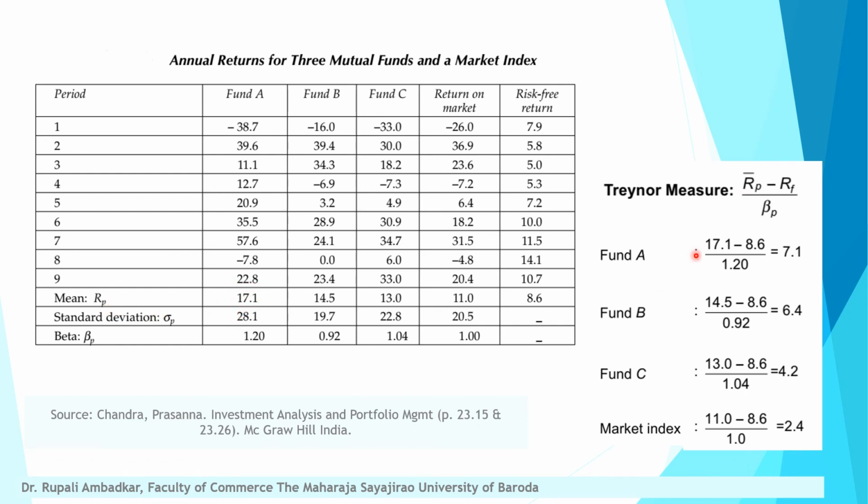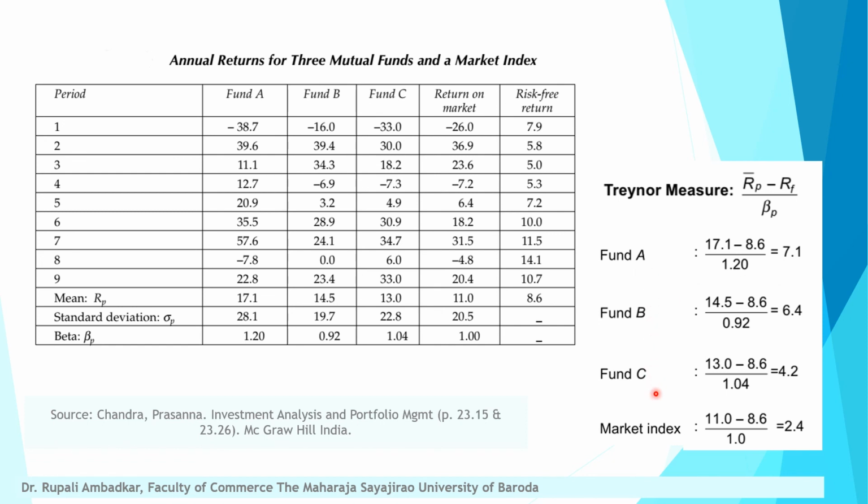So we can take 17.1. We have to calculate the difference from the average risk-free rate. The average risk-free rate here is 8.6. So we have 8.6 here divided by the beta of that particular portfolio, which is 1.2. So that means for fund A, Treynor's measure is 7.1.